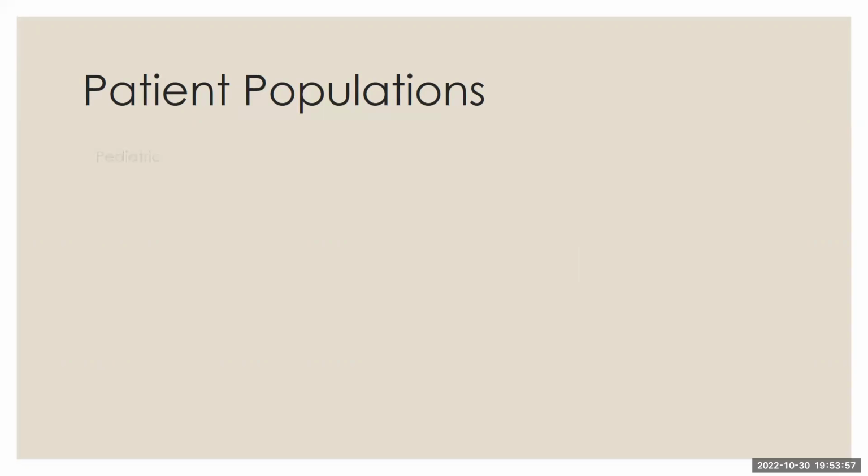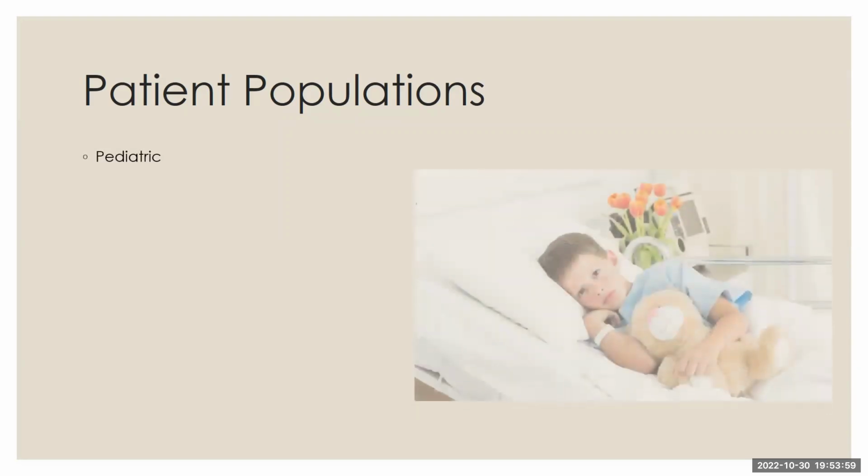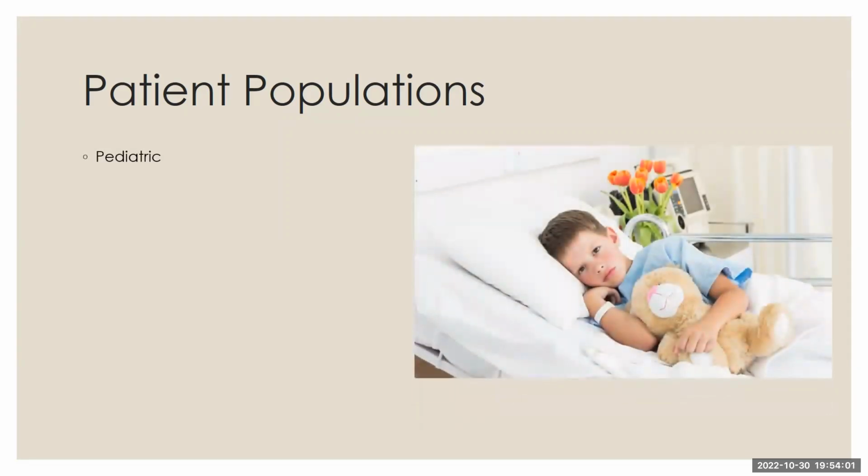For example, pediatrics are patients between birth and the age of 18. These patients will probably be more scared. Therefore, safety should be of particular concern and an area of focus to the patient and family.